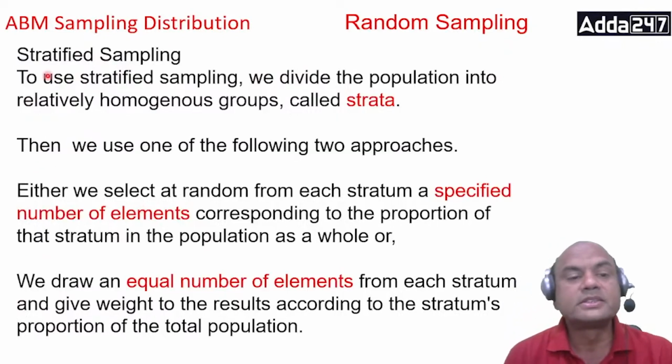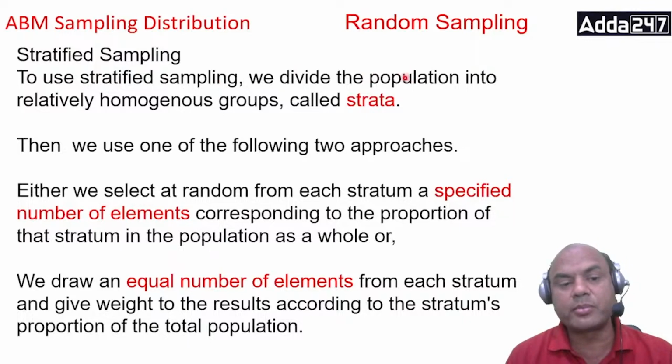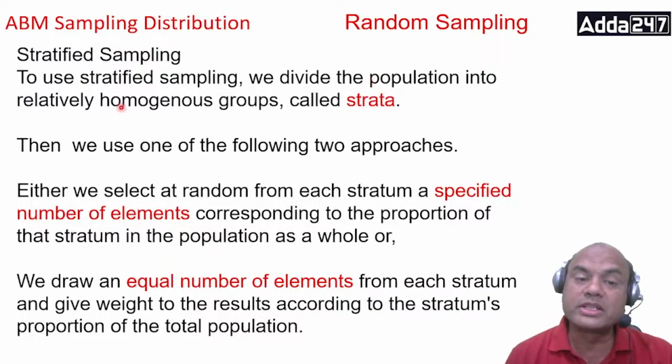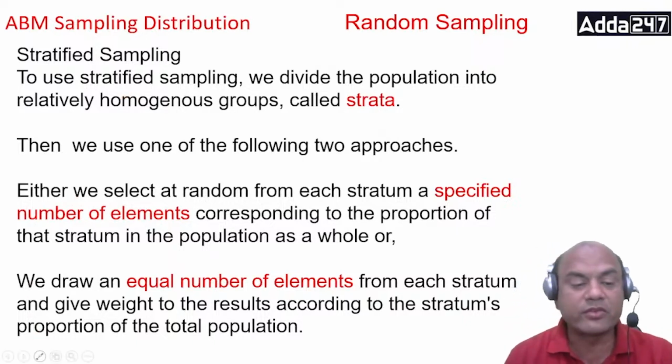Stratified sampling. To use stratified sampling, we divide the population into relatively homogeneous groups called strata. What do you mean by homogeneous? When we divided those students into 40 to 50%, 50 to 60%, we did it just now.